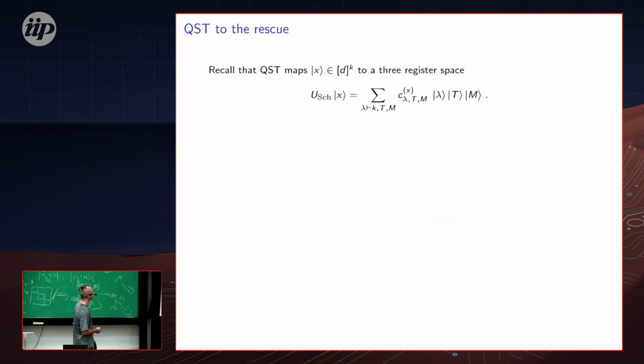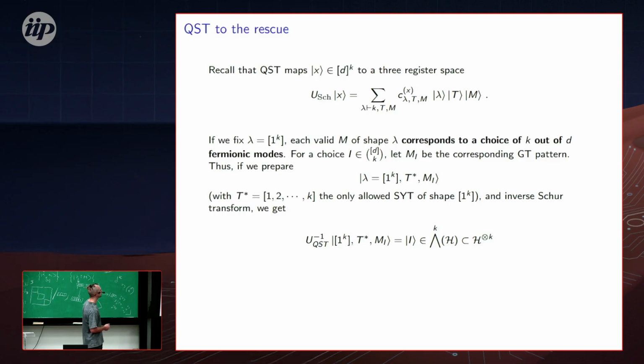So what I propose here is to use the quantum Schur transform in the following way. If you fix this partition, each valid Gelfand-Tsetlin pattern corresponds to a choice of k out of the d modes. So any i is related to an M_i essentially. Therefore, imagine yourself on the output of the Schur transform.